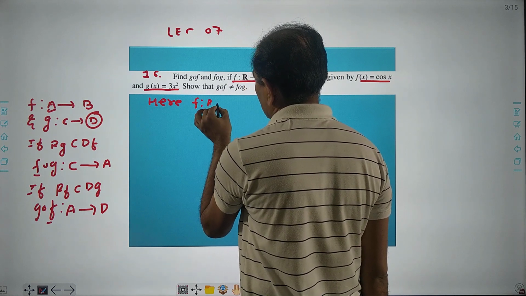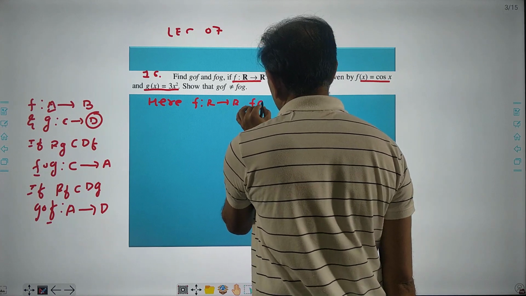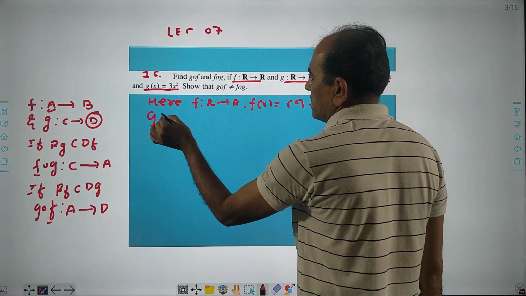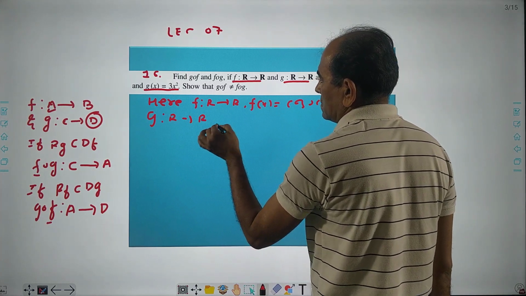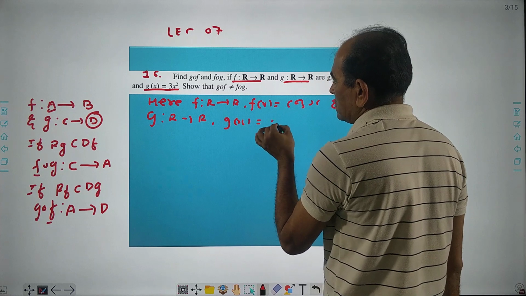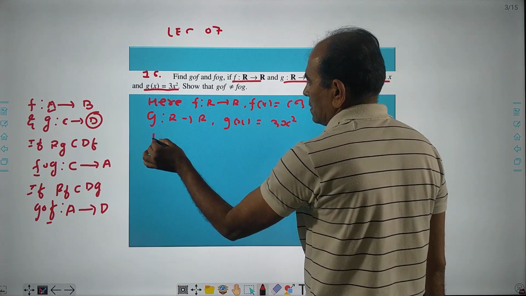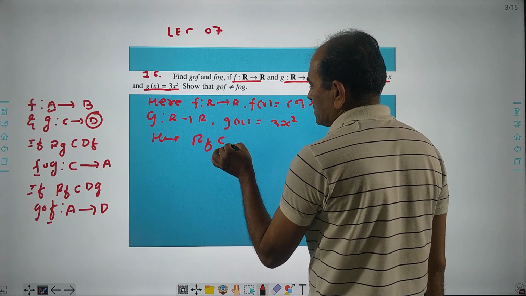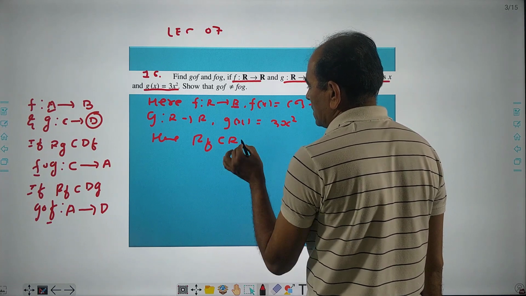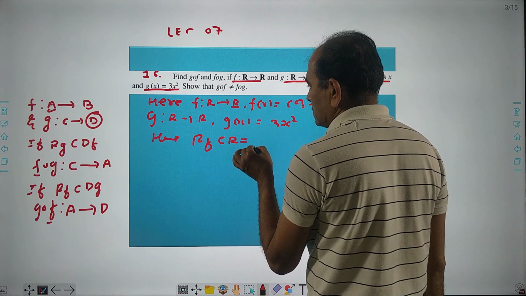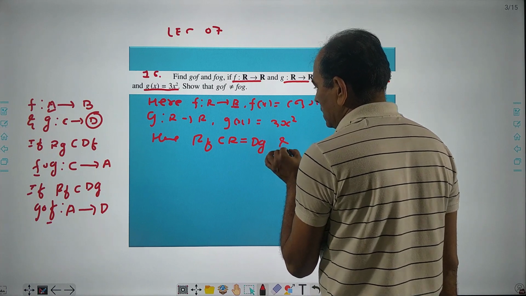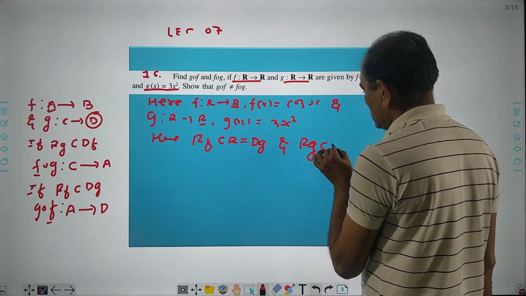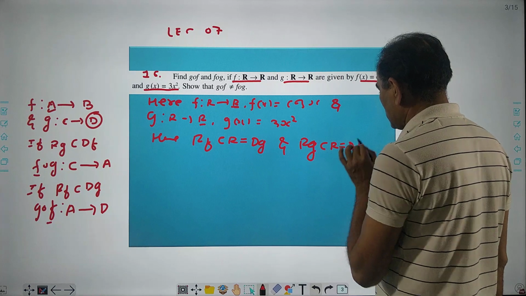Here f is from R to R, given by f(x) is equal to cos x, and g is also from R to R, g(x) is equal to 3x squared. Now here also see that the range of f is a subset of R, which is equal to the domain of g, and the range of g is also a subset of R, which is equal to the domain of f.